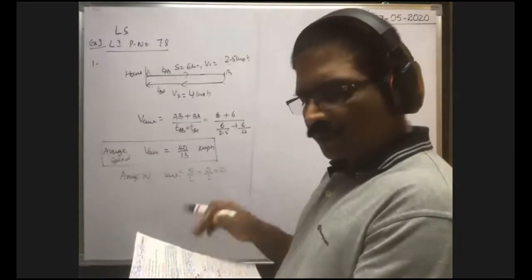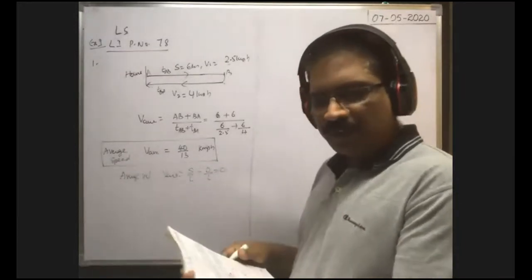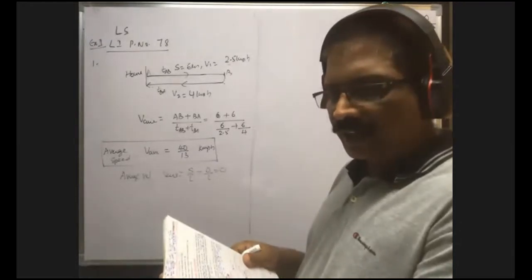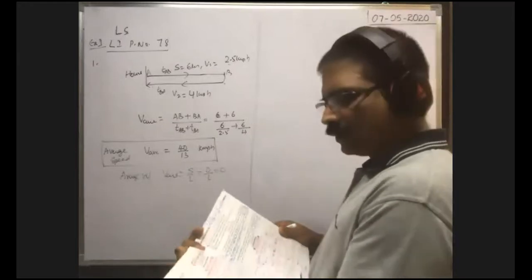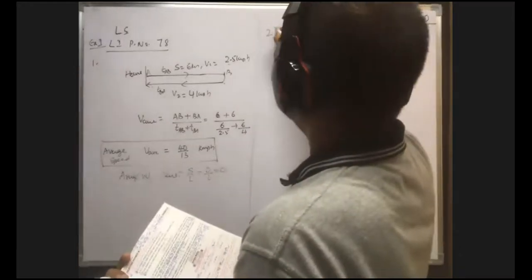Second one. A particle moving with a constant acceleration describes in the last second of its motion 9/25 of the whole distance. Here, second problem.